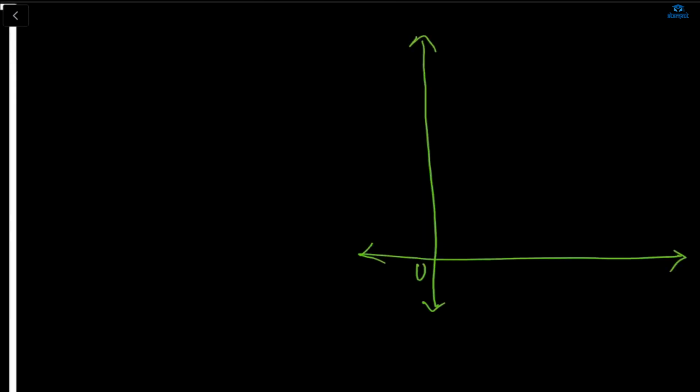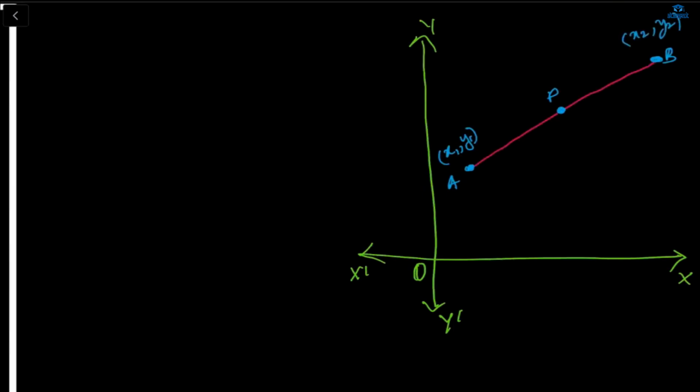This will be O, this will be X dash, this will be X, Y dash, this will be Y. Now A, B, and this will be P. Point A we mark as x1, y1, and B we mark as x2, y2.